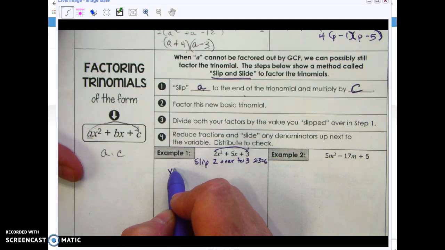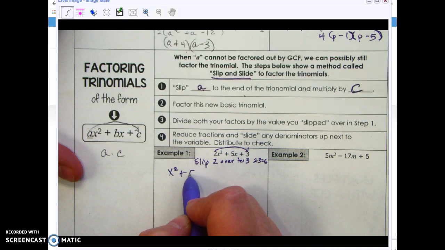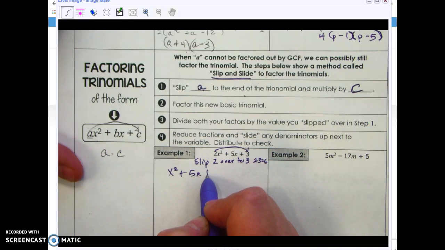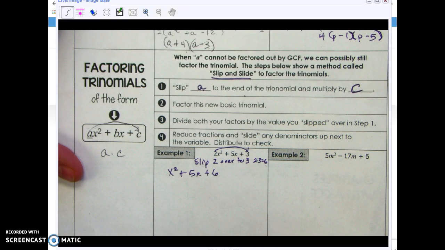Now I have x squared plus 5x plus, and now this 6 is replacing my 3. Now I factor that. So what am I going to put here and here to get x squared? X and x. See how simple it is? Because now it's just a 1 there.